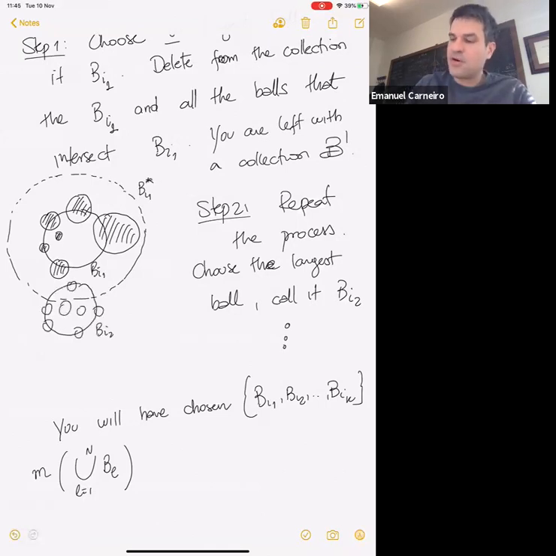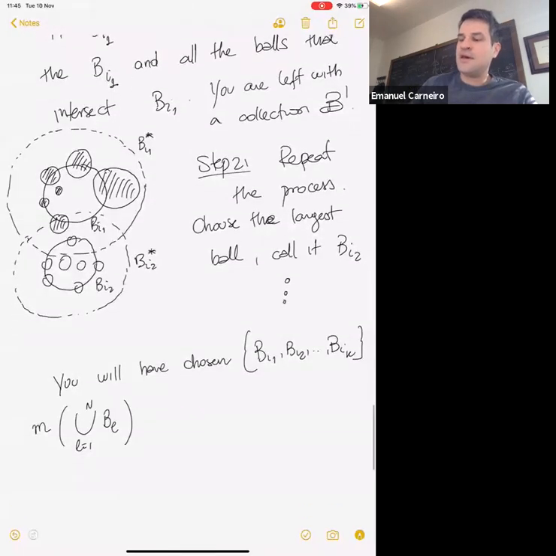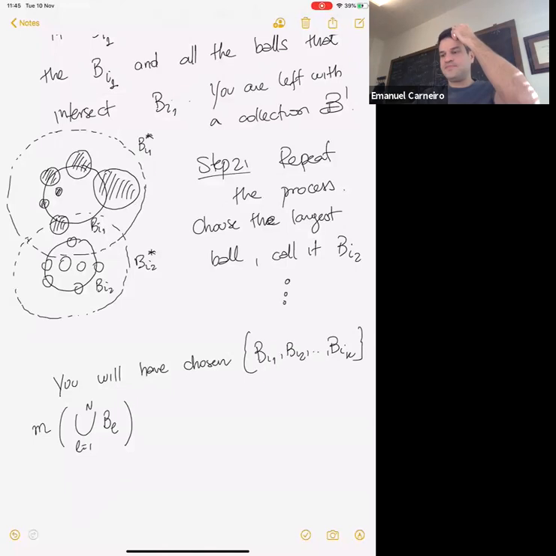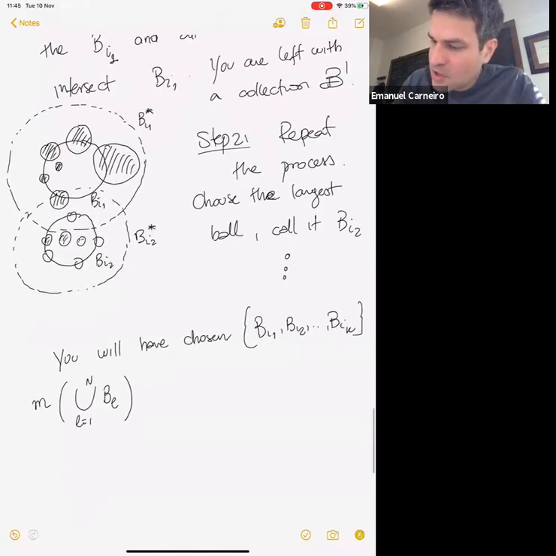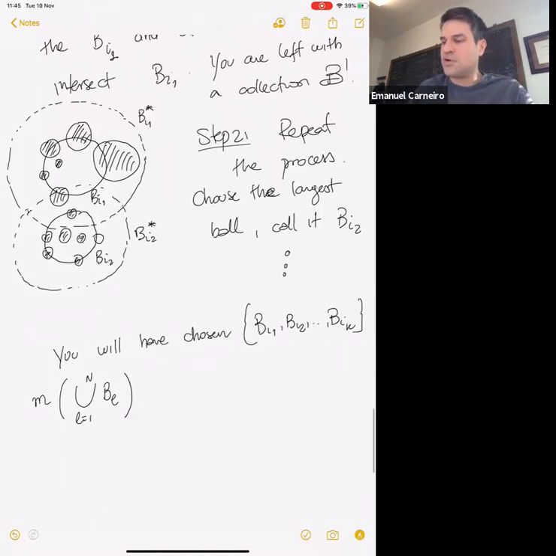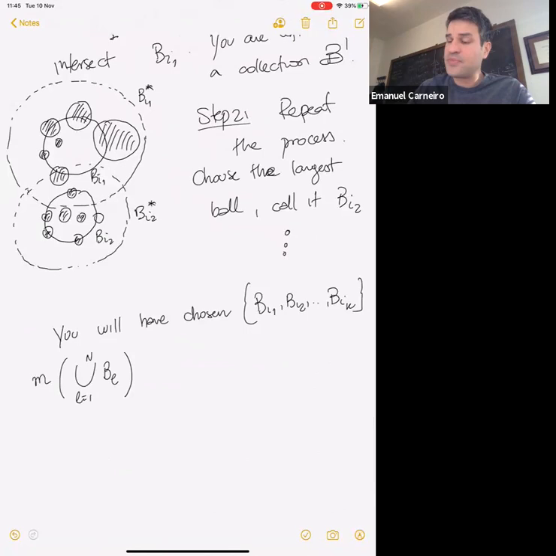Of course, since BI2 is the largest one at that step, all the balls that intersect it will be contained in the ball with the same center as BI2 and radius 3 times. And you keep doing this. At the end, the process will finish. You have chosen a collection of balls that you call BI1, BI2, up to BIK.